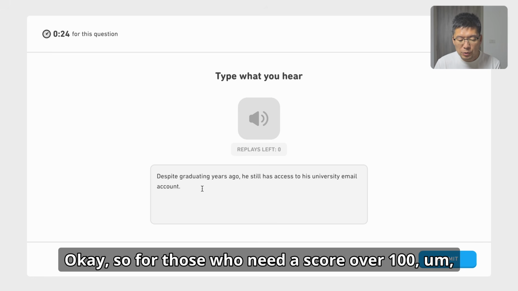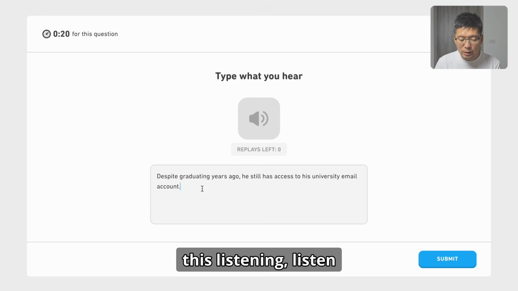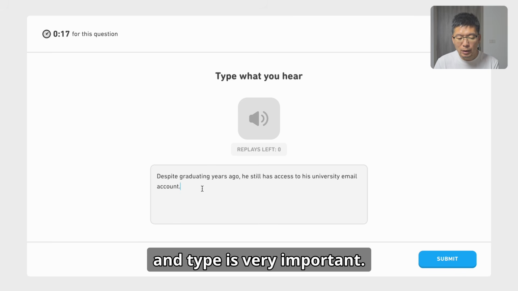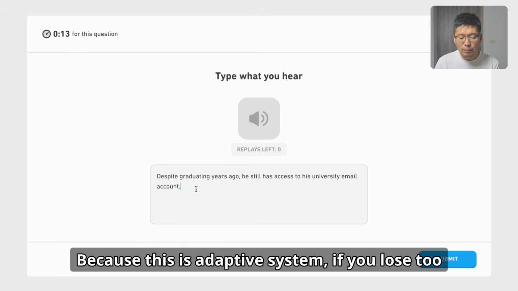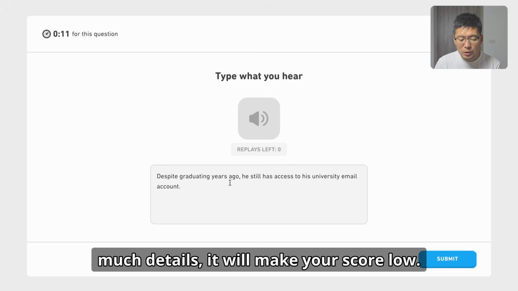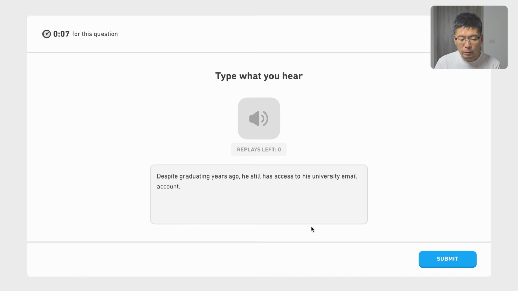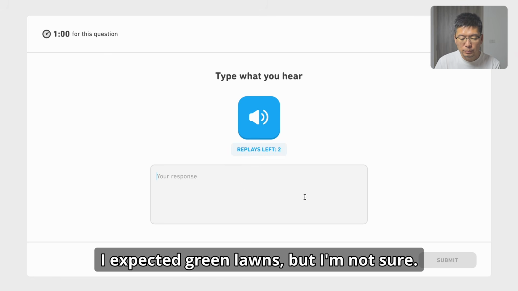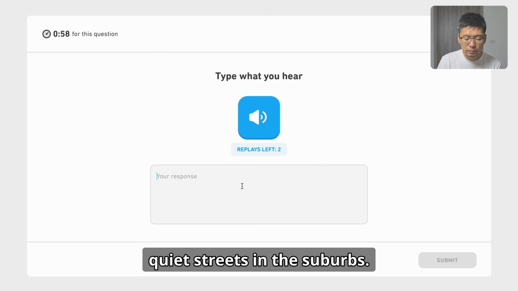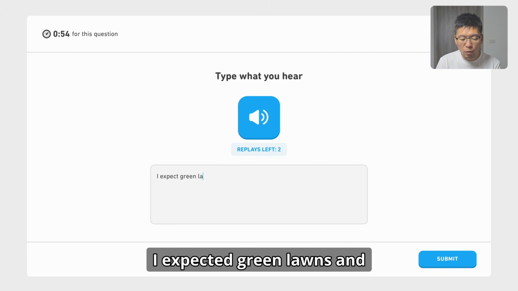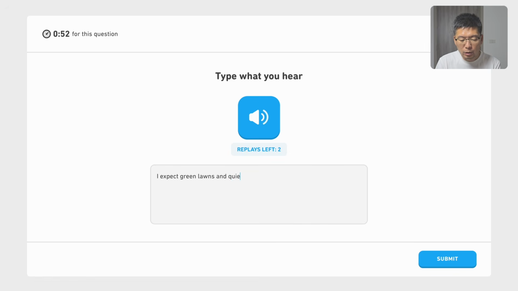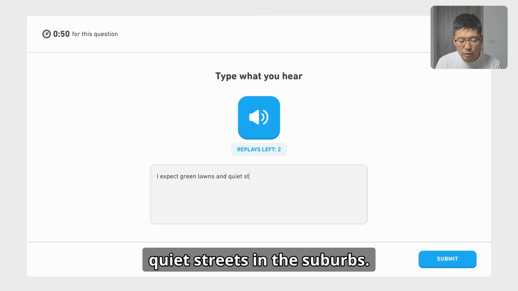Okay, so for those who need a score over 100, this listen and type is very important because this is an adaptive system. If you lose too much detail, it will make your score low. I expected green lawns and quiet streets in the suburbs.